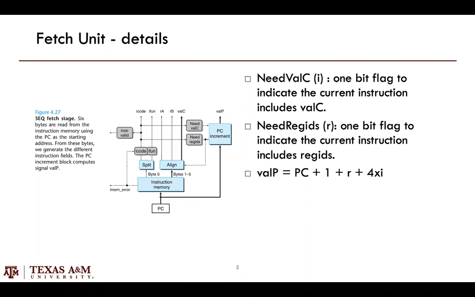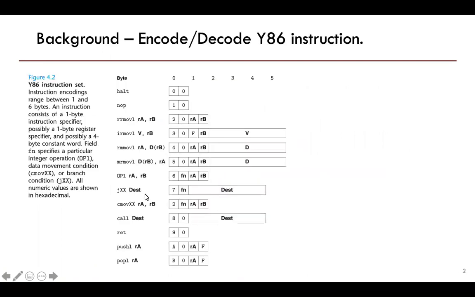So let's go back to the slide of this instruction format. The valC is basically the constant value in the instruction format, like V, D, where V is the immediate value, D is the displacement, and Dest is the destination address to go. But see, for icode, ifun, and registers rA, rB, they are all fixed.